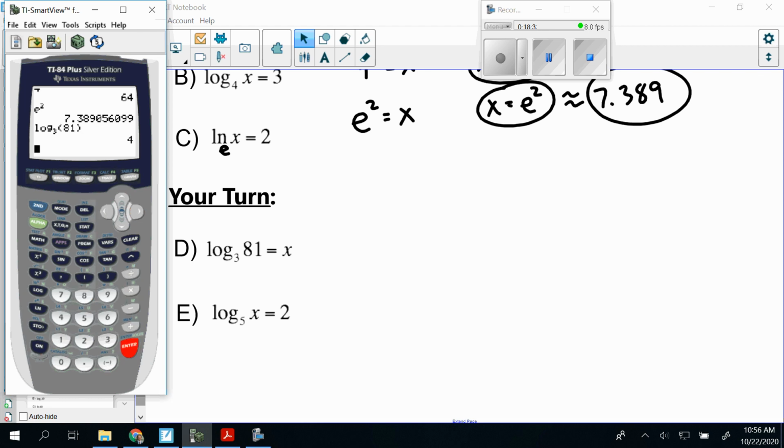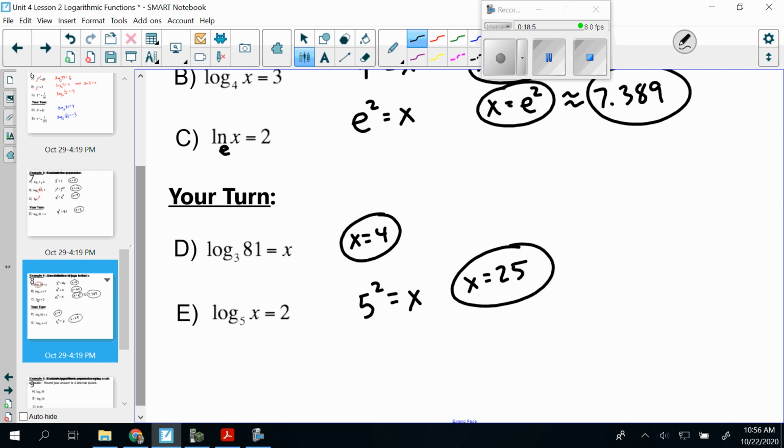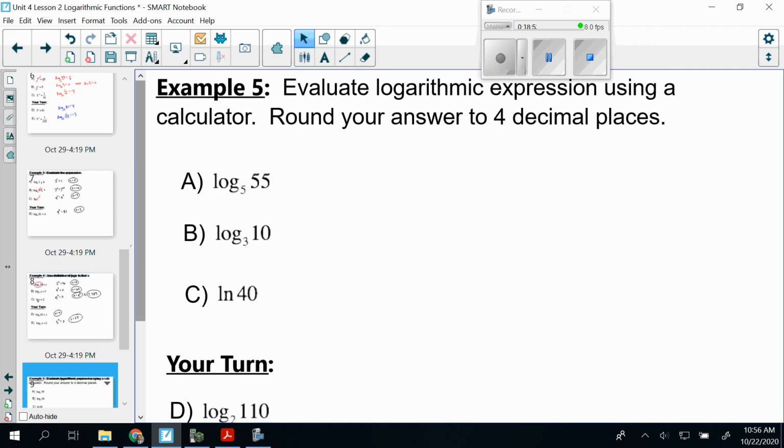Looks like the answer comes out to be 4. On the next one, you cannot type that one in, so you do need to change to exponential form on this one. It would be 5 squared equals x. If we square 5, we should get 25 for the answer. So those are the 2 solutions there.